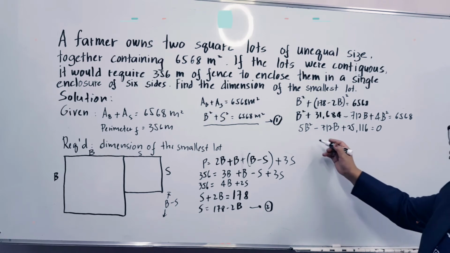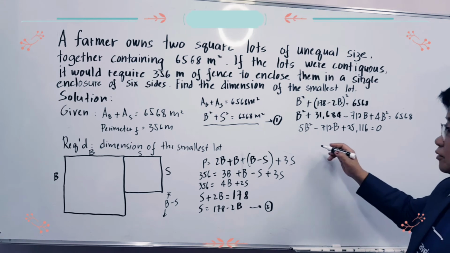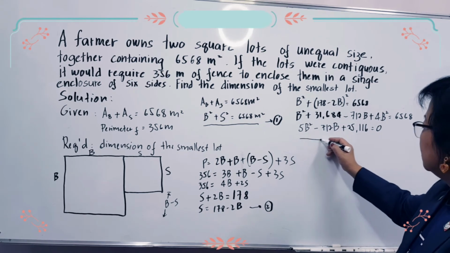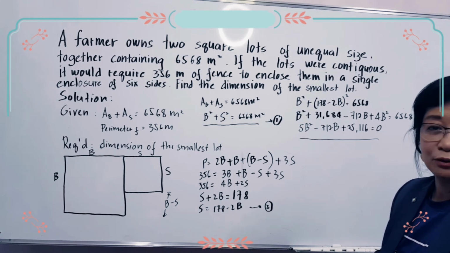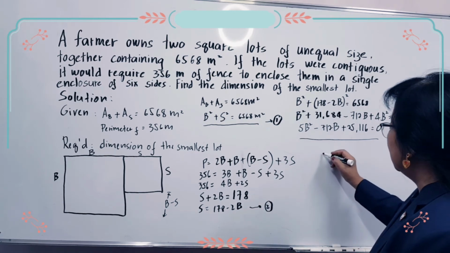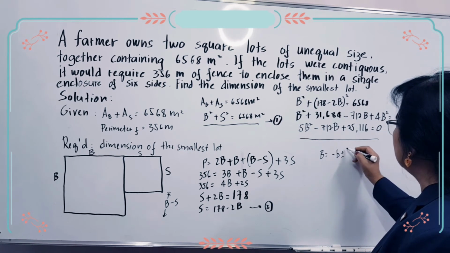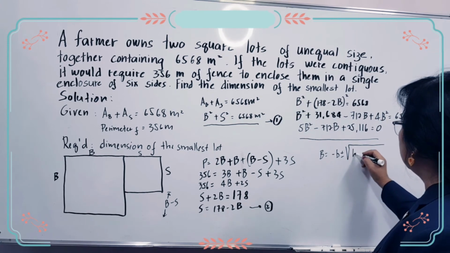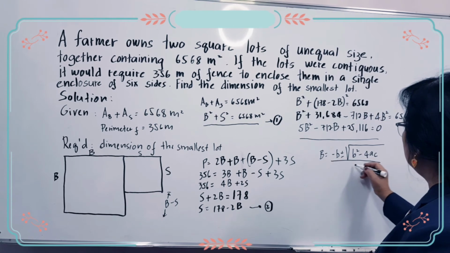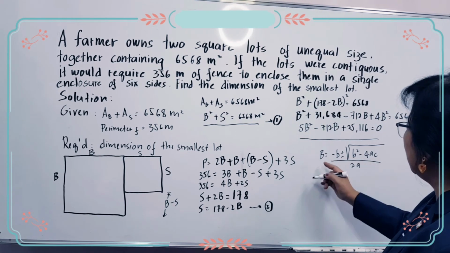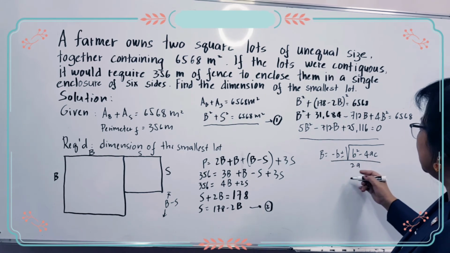Now, of course, how to solve for the B side? We can solve this equation by using the quadratic formula, which states that x equals minus b plus or minus the square root of b squared minus 4ac, over 2a. This is the formula. Now, what are a, b, and c?